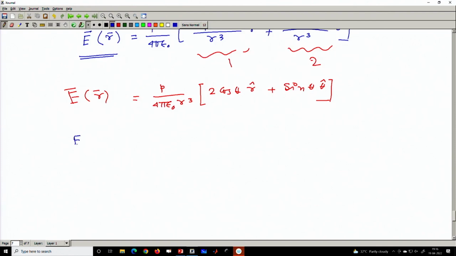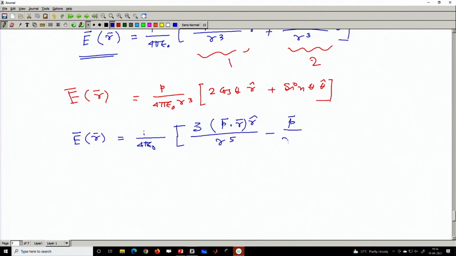That expression you were supposed to calculate from the potential, and that was 1 divided by 4 pi epsilon 0, and here we had 3 and then p dot r unit vector divided by r to the power 5, and then minus we had p divided by r cube.